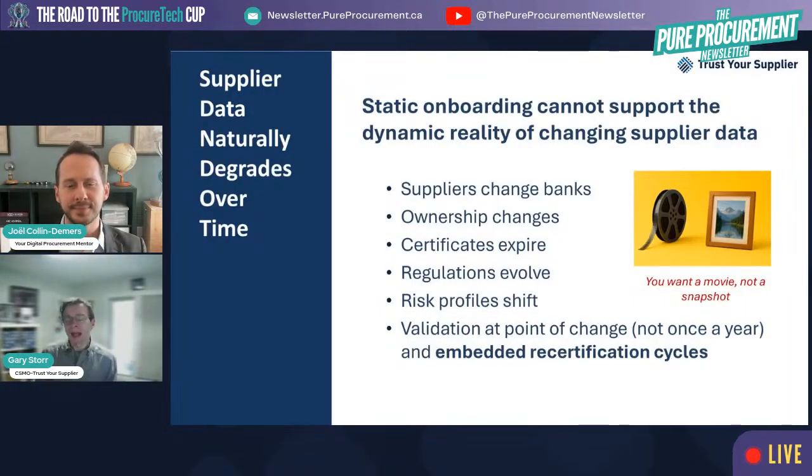And so what we're finding is a lot of our customers and a lot of people in the industry don't do recertification, right? This is not once a year or once in a lifetime. You have to have recertification to go back and look at the supplier, especially the ones that represent the most risk, and say, hey, we took the snapshot here, whether it's 3 months ago, 6 months ago, let's take it again.